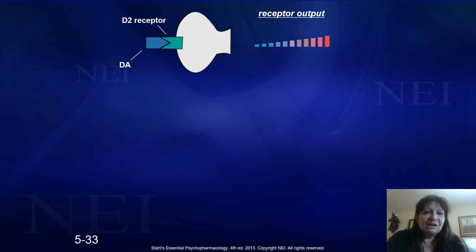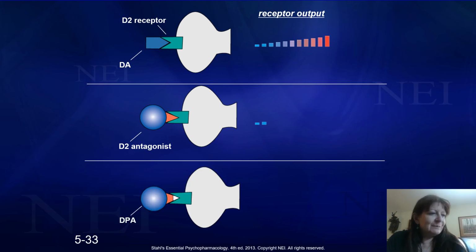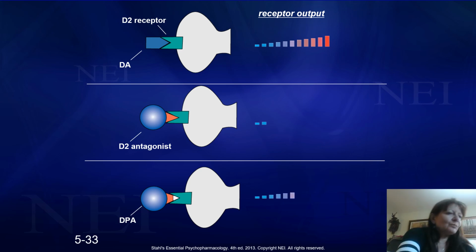This is referred to as the spectrum of dopamine neurotransmission. Here's another depiction of dopamine receptor output. Here would be a normal state at the top. In the middle, we have D2 antagonism, so there's very little receptor output. And here we have DPA, D2 partial agonist, partially activating the dopamine receptor for output, and it causes a stabilizing balance.